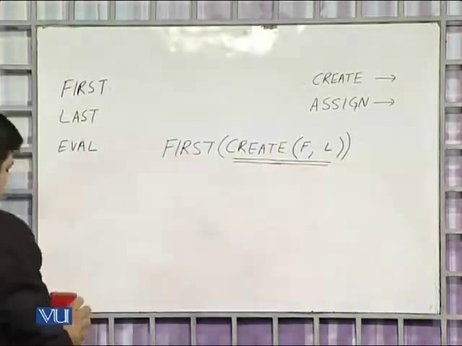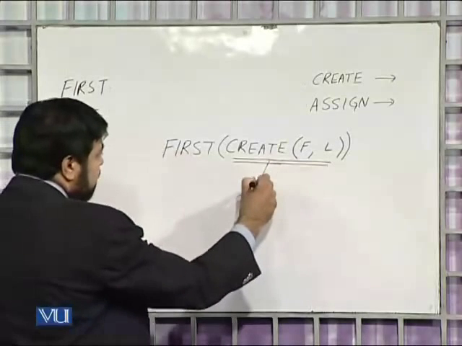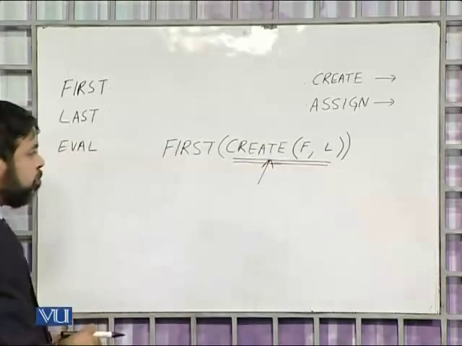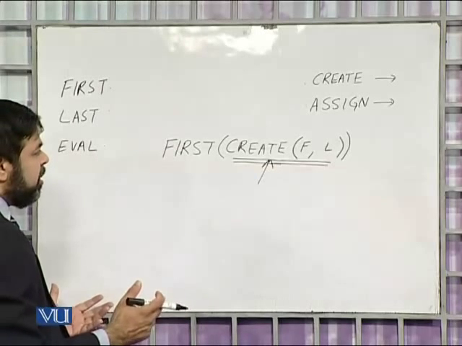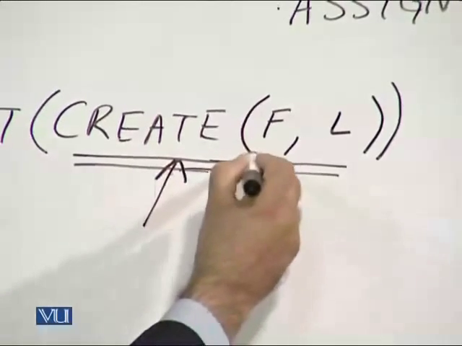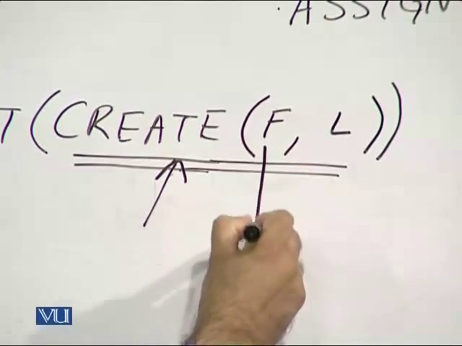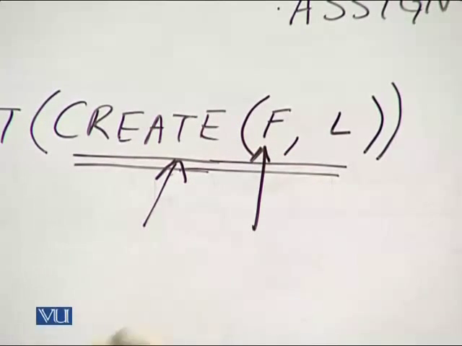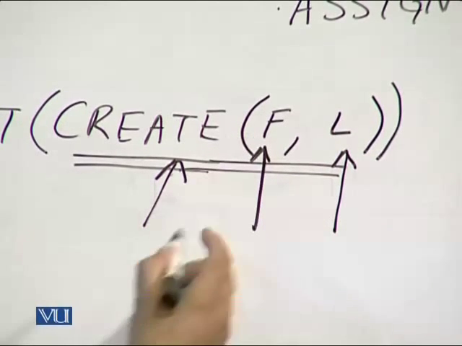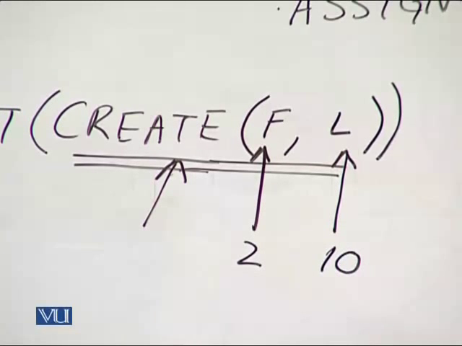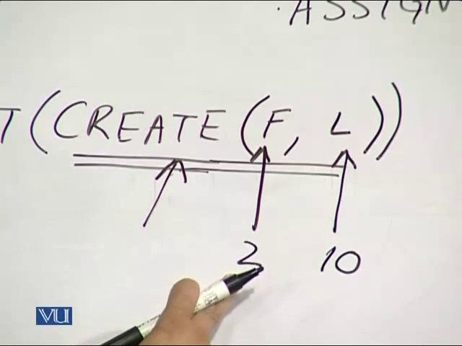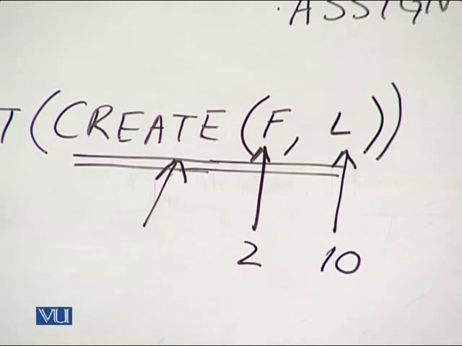When we look at this method create, what does it give you? This method creates an array with f as the first index and l as the last index. For example, if f is 2 and l is 10, the first index would be 2 and the last index would be 10.